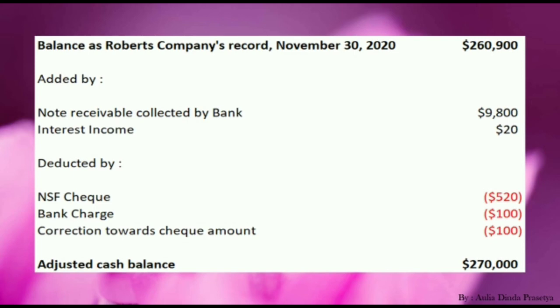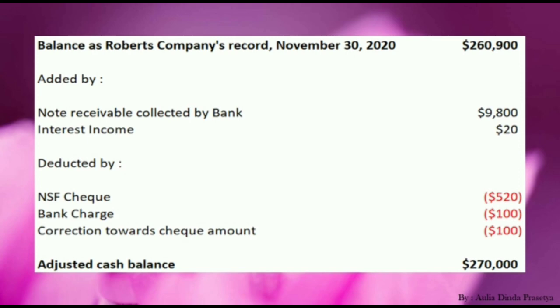$20. And then for transactions that can be deducted from Robert's company's record, the first one is the non-sufficient check amounting to $520, and the second one, with the same treatment as interest income, is the bank charge, which should be deducted from Robert's company's records, amounting to $100. And the last one is the correction of the check amount.